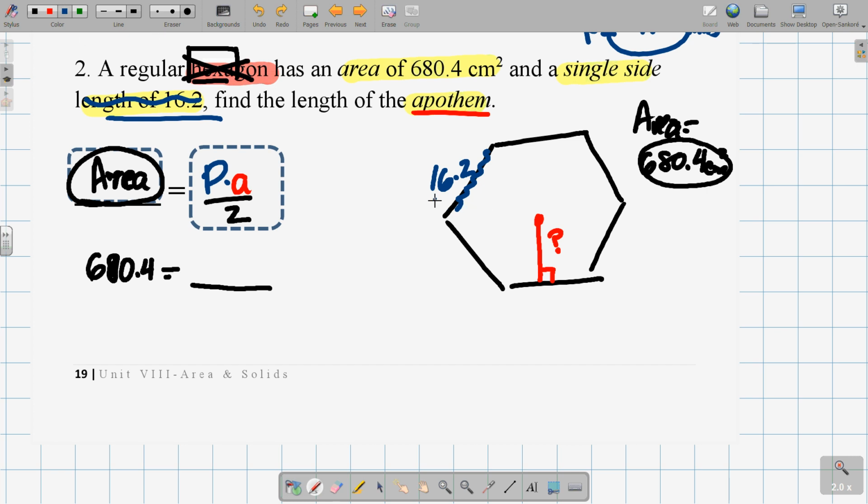Perimeter, be very careful. 16.2 is not your perimeter, folks. You need to walk it around. Walk it around. That's 16.2 times 6, of course, because it's a hexagon.